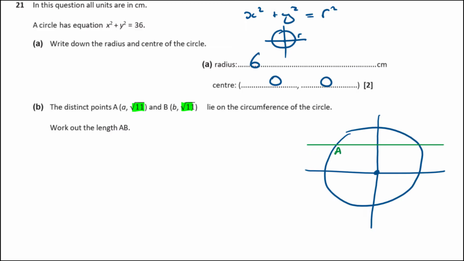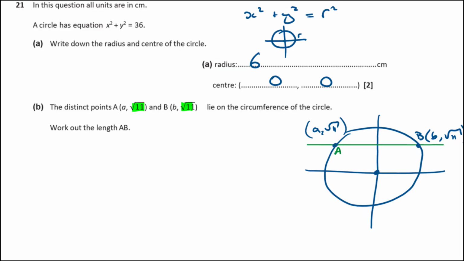Let's say this one is on the left, and that's going to have coordinates a, root 11, and then on the other side here I'm going to have B, which has coordinates b, root 11. What do I want to do? I want to work out the length of that line AB. So I want to know how long that line is.